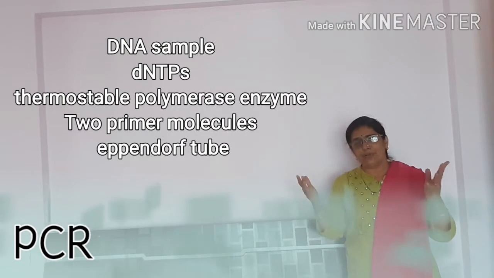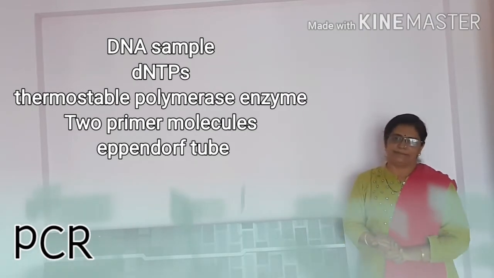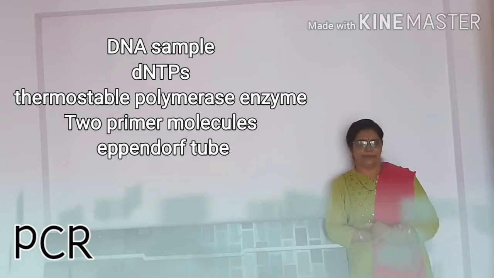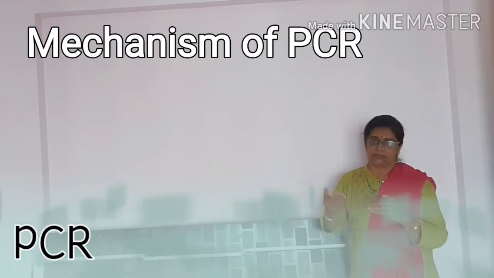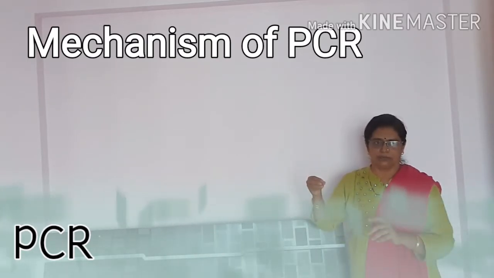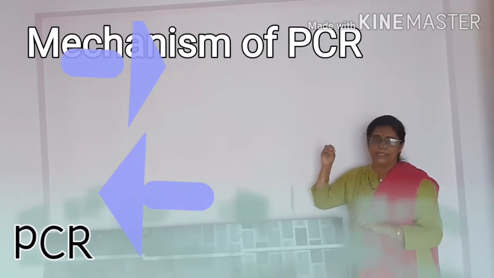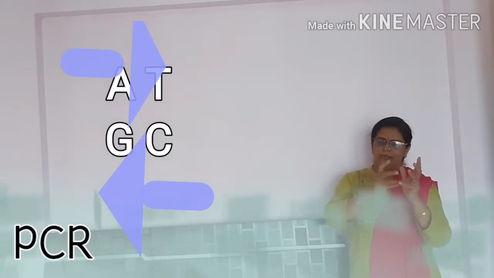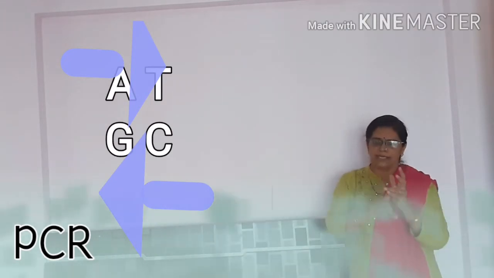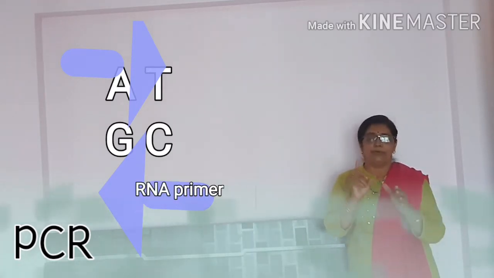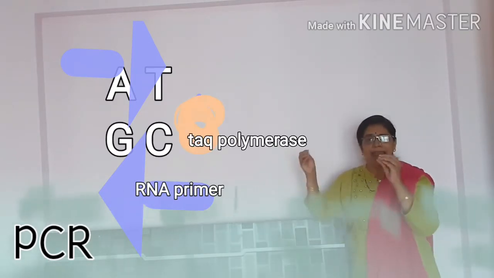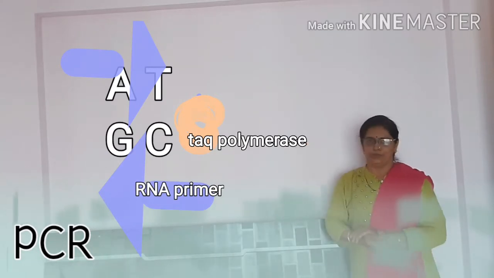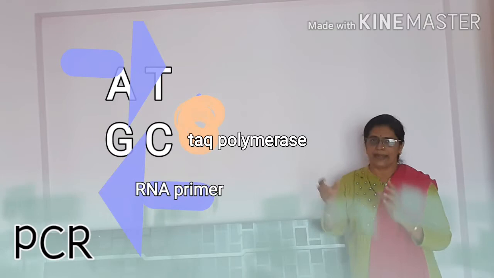So what is the actual mechanism of this PCR technique? The first step is, before going to the PCR technique, the DNA polymerase enzyme, DNA sample, buffer solution, as well as the RNA primers, and the 4 types of deoxyribonucleoside triphosphate molecules are added in an Eppendorf tube.